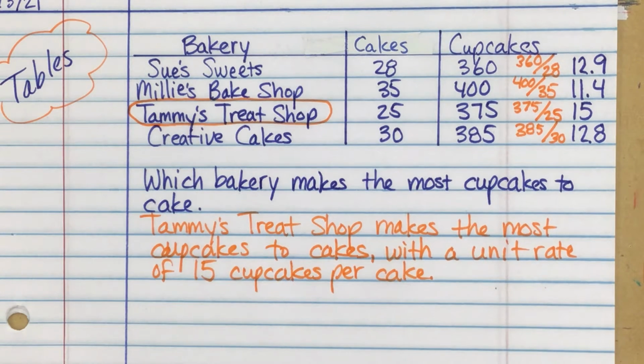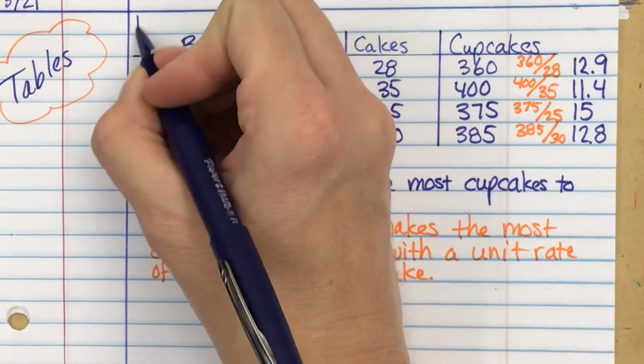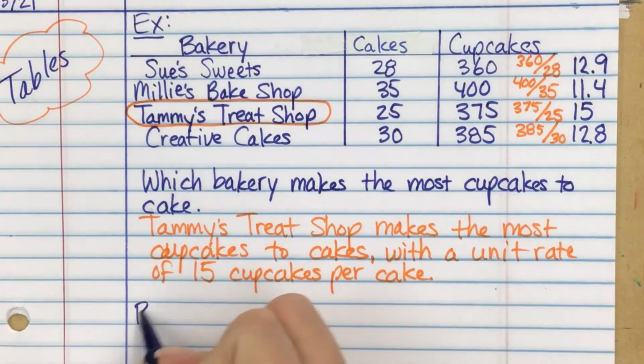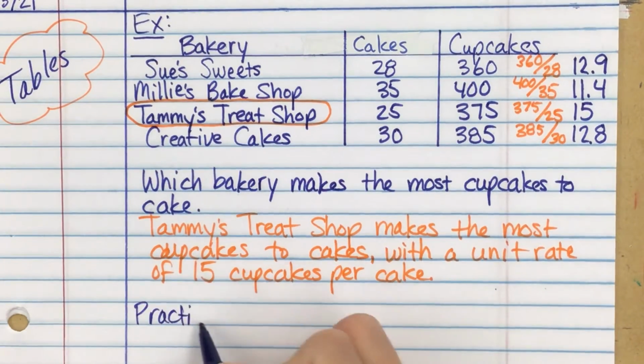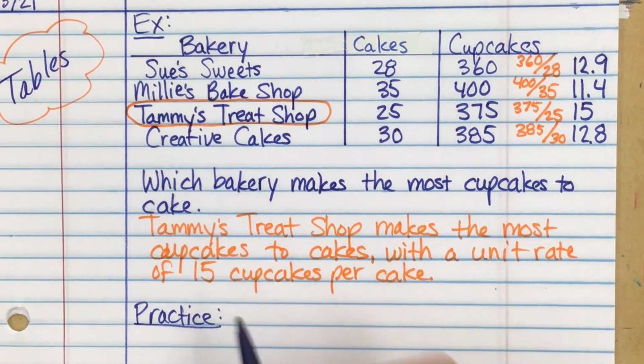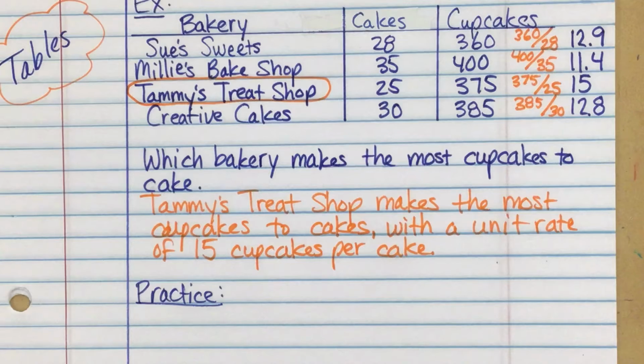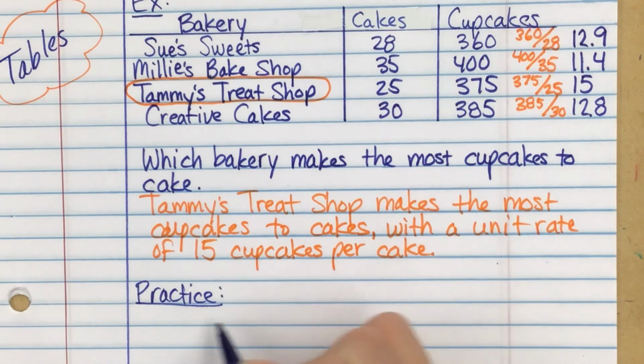I'll have you practice one, and then I'll show you an example of a scenario where we don't have a table. We're going to make another quick table here.